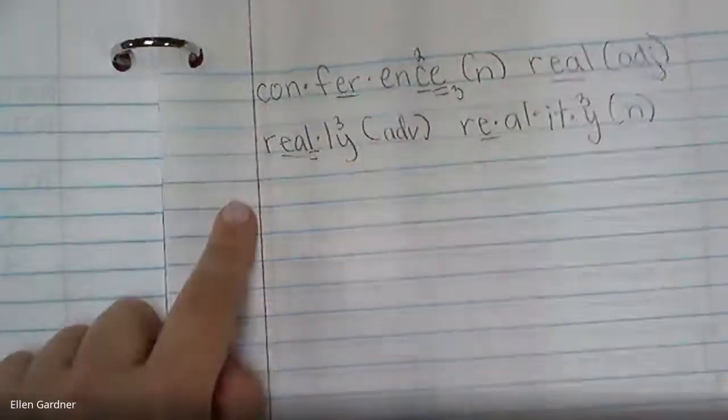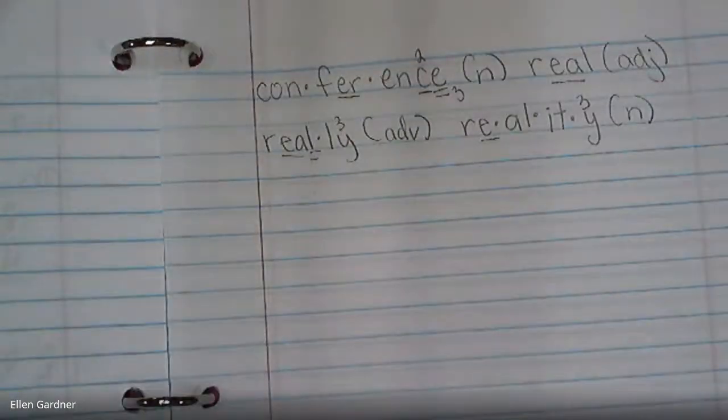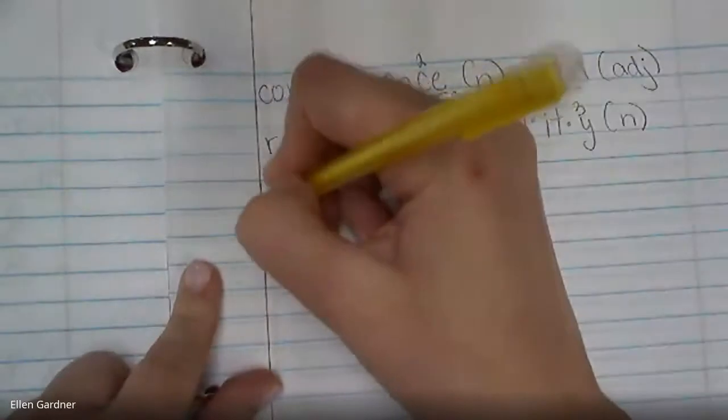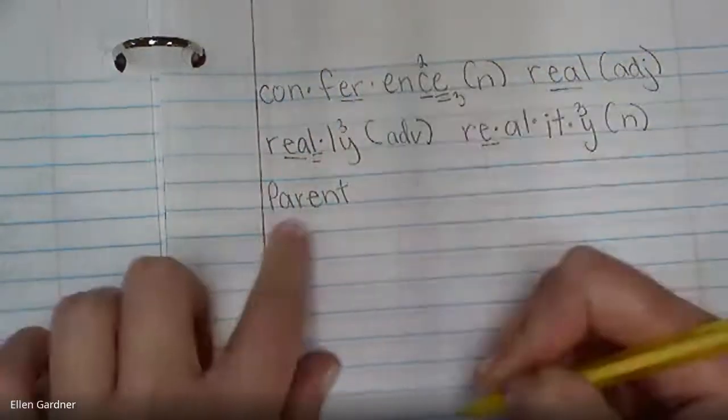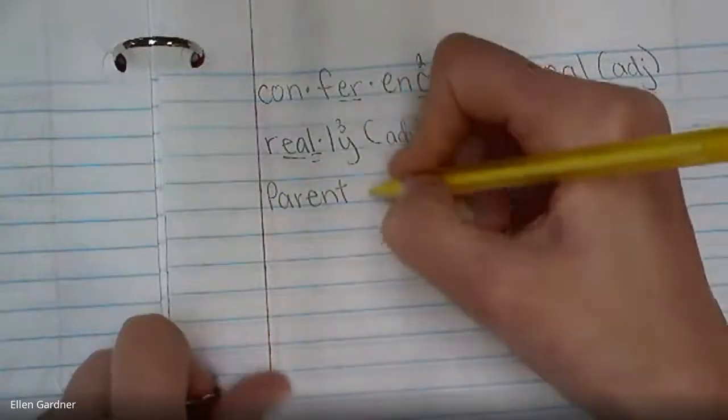Pause the video if you are not done with your sentence at this time. Parent, our controlled vowel there in parent.